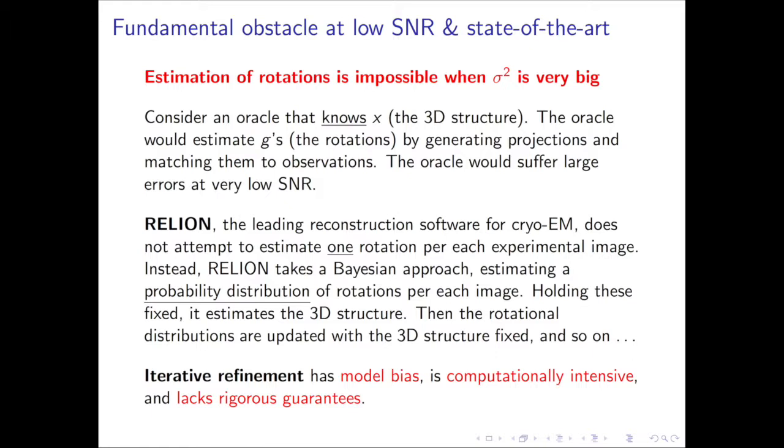It sort of works in practice, but it has drawbacks. One is model bias. You have to input an initialization to the 3D structure to get this going. Another is that it's extremely computationally intensive because you're updating all of these soft assignments for 100,000 images. And finally, this lacks rigorous guarantees.